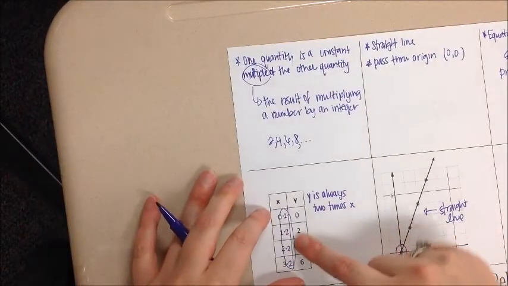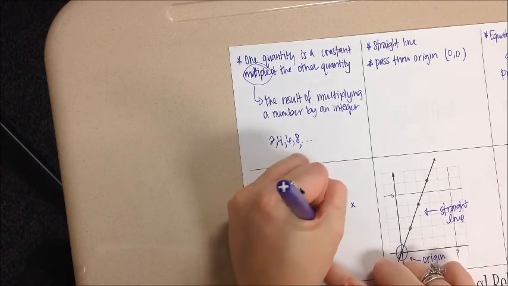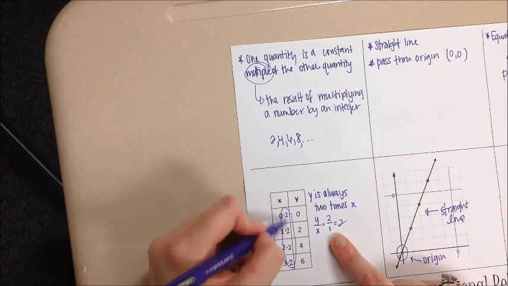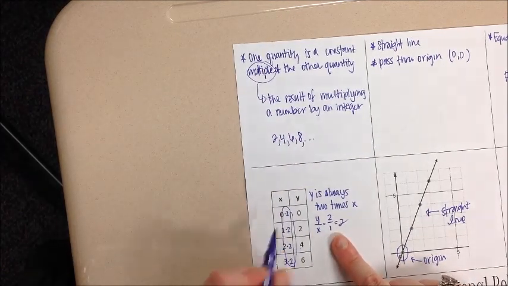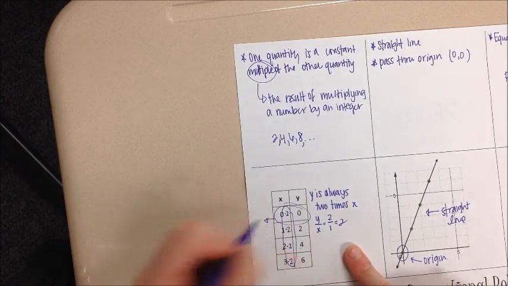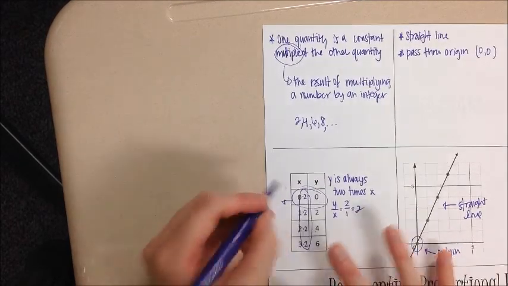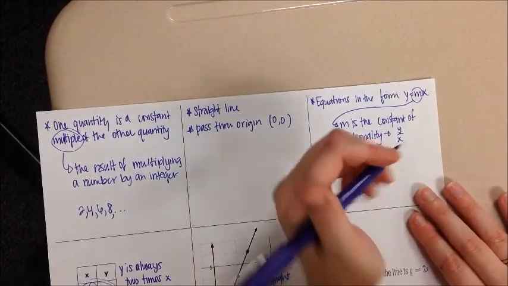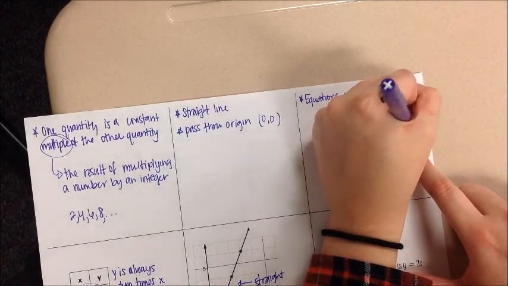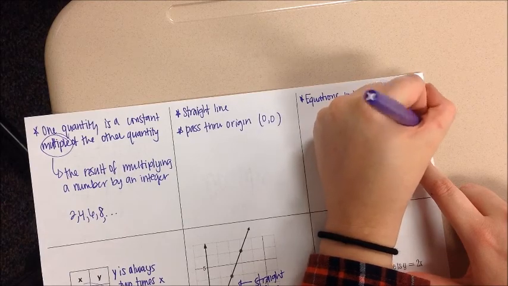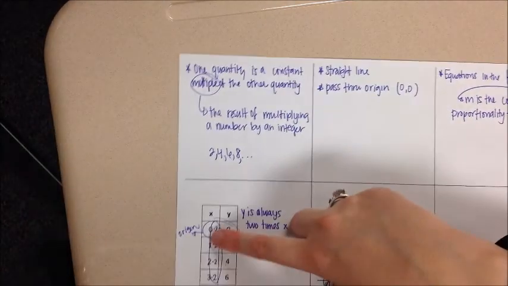If you look back here, if I do 2 divided by 1, I get 2, which is that same all the way down. 4 divided by 2 is 2. 6 divided by 3 is 2. Now 0, 0 obviously isn't going to give me 2, but that's that origin that we have to pass through. Okay. So this is my constant multiple. That y over x is my constant multiple that I identified on my table over here, that 2.